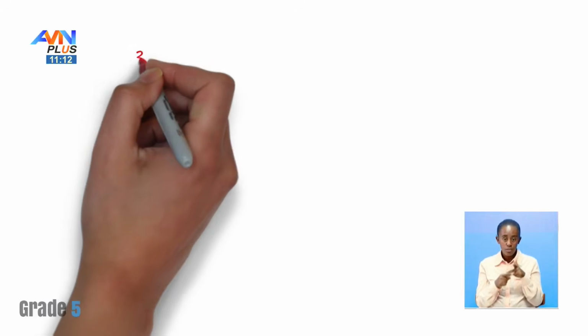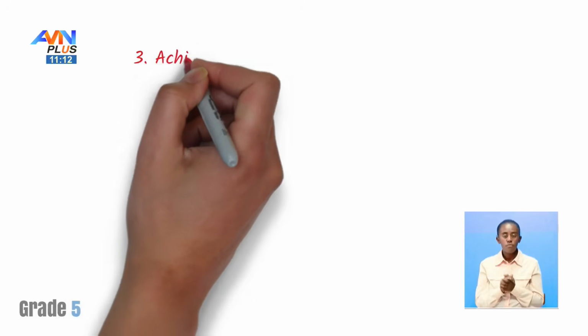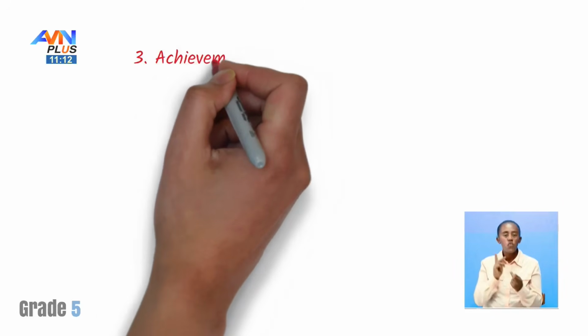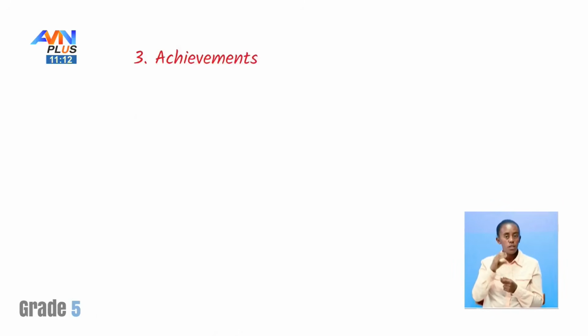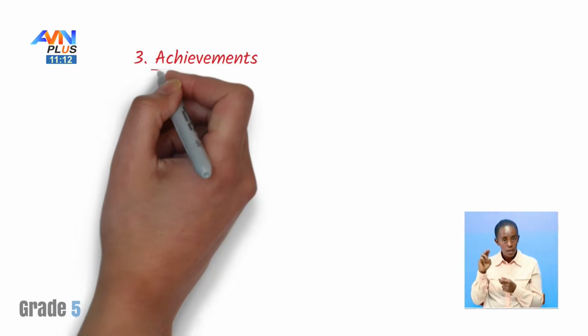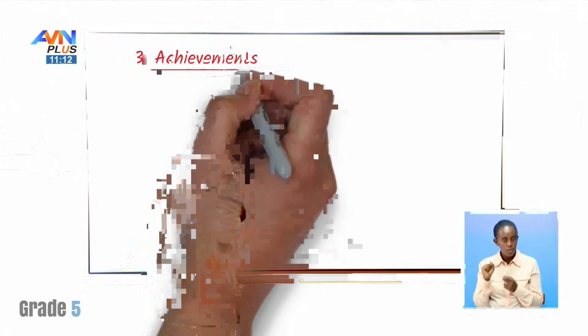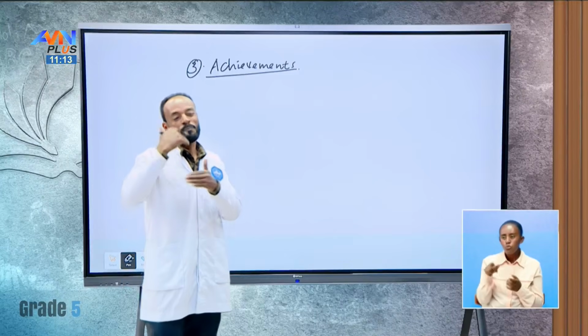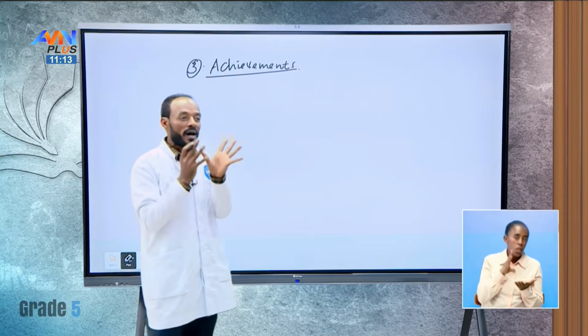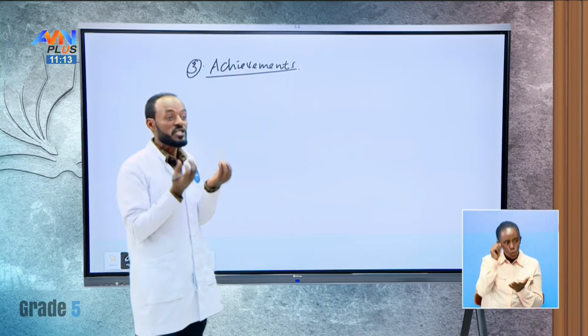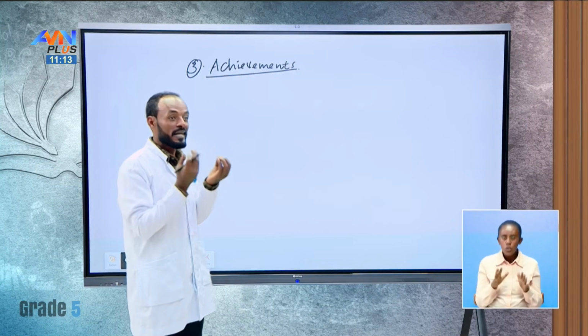The third structure should be about achievements. In your life, or maybe in that person's life, what he or she achieved or completed.